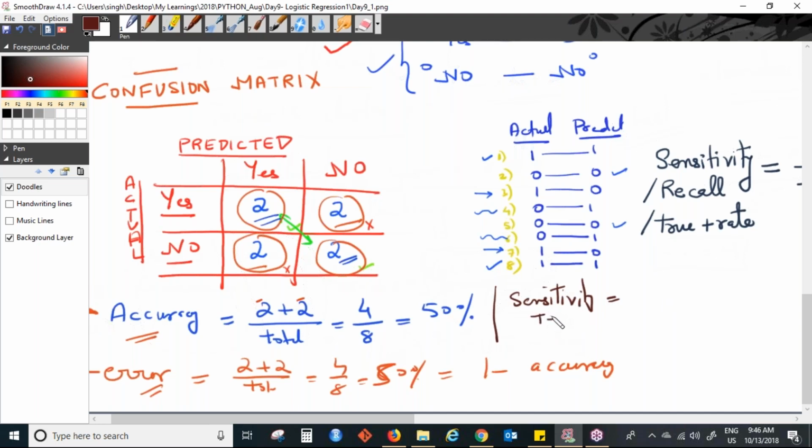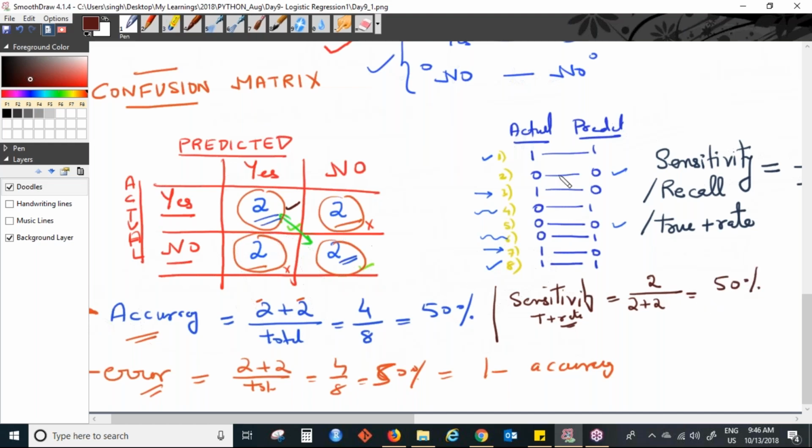This is the true positive rate. Okay, so I'll take this 2, which is the true positive value. So this 2 divided by the row total. So 2 plus 2, 4, right? So again, this is also 50%.